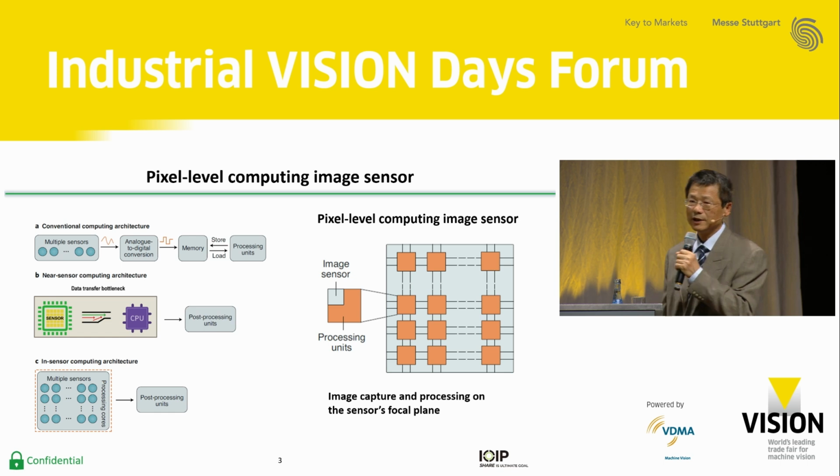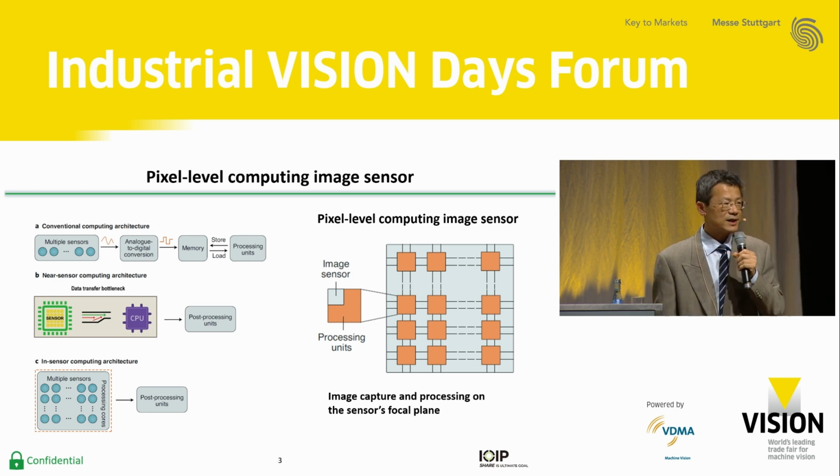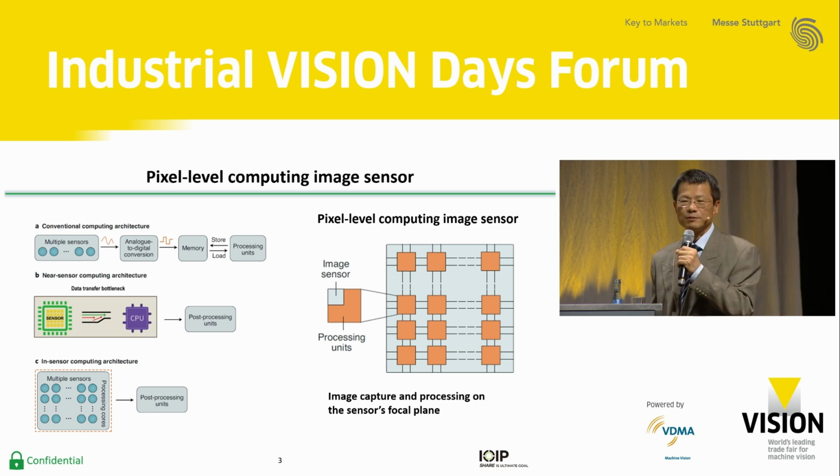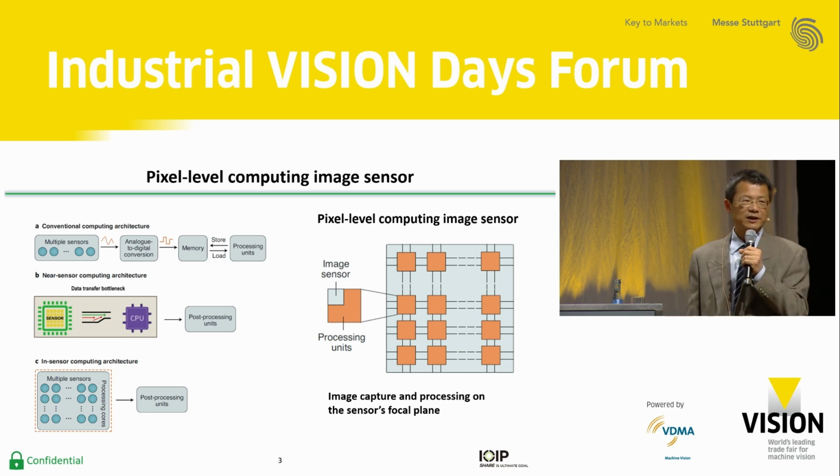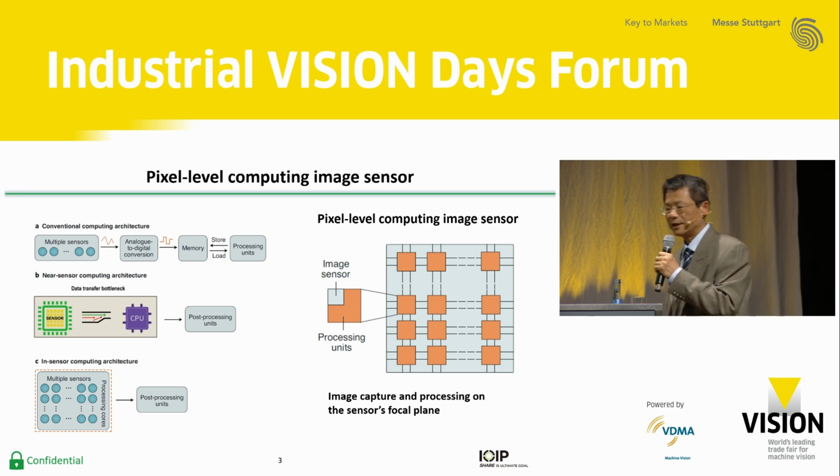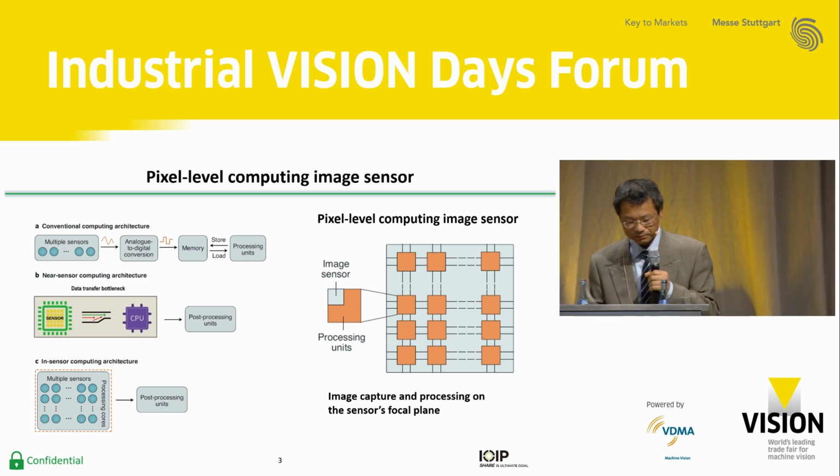So we can have some advanced design. That is to put the processor close to the sensor so that it can reduce the traffic from the sensor to the post-processor, and it can do some necessary computation in advance.